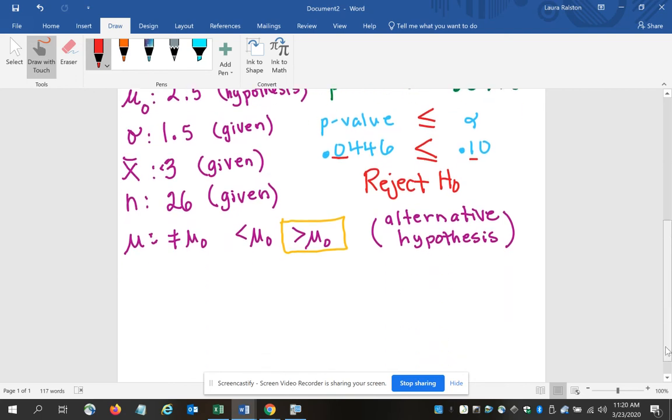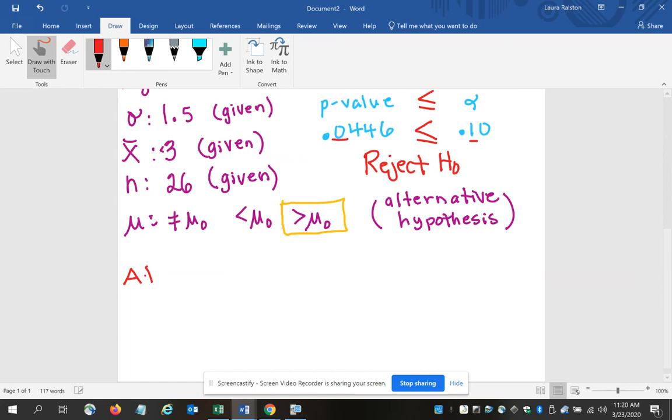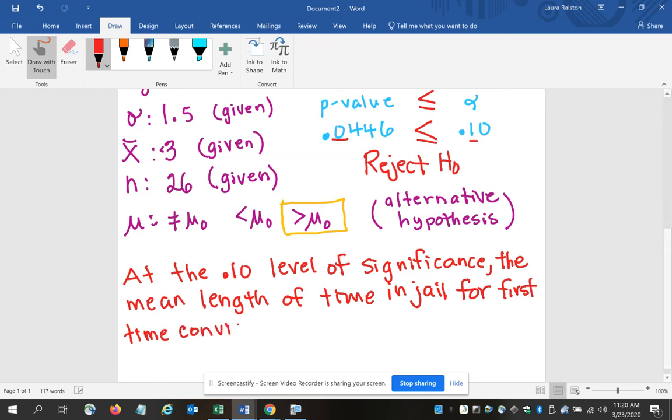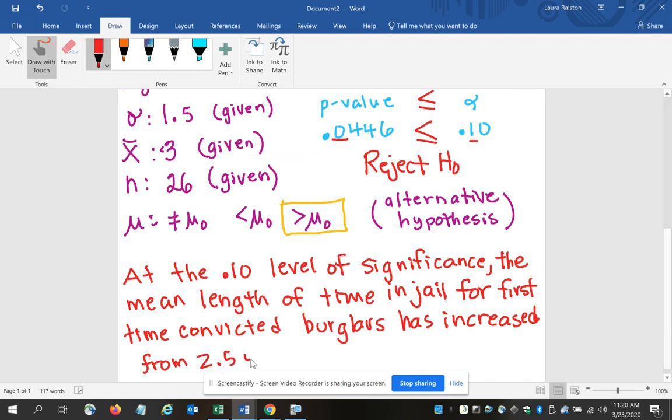Let me see if I can scroll down and write the final conclusion. We would say at the 0.10 level of significance, the mean length of time in jail for first-time convicted burglars has increased from 2.5 years.